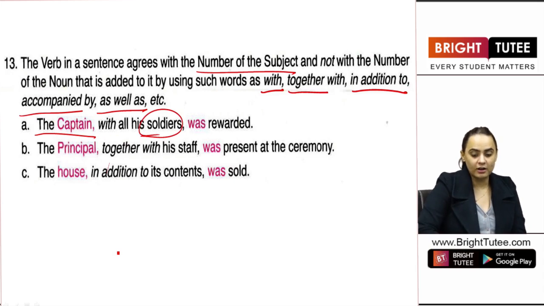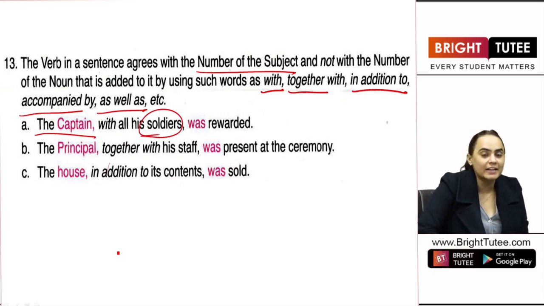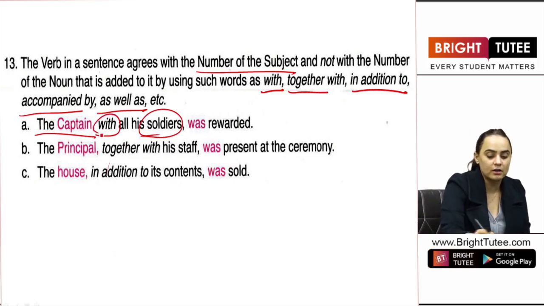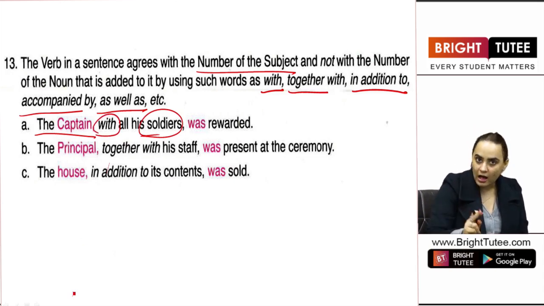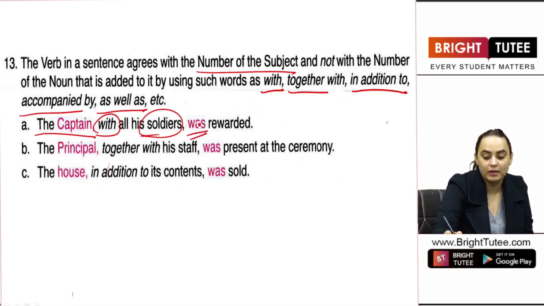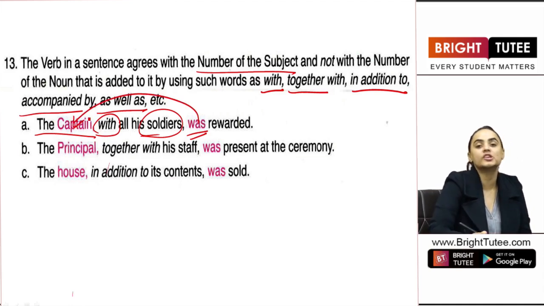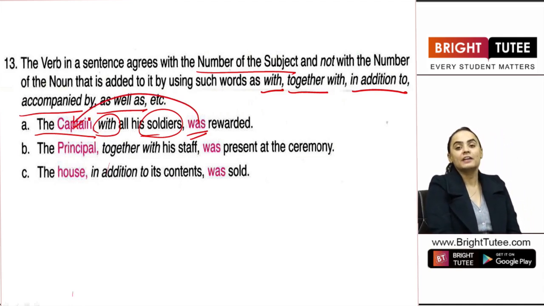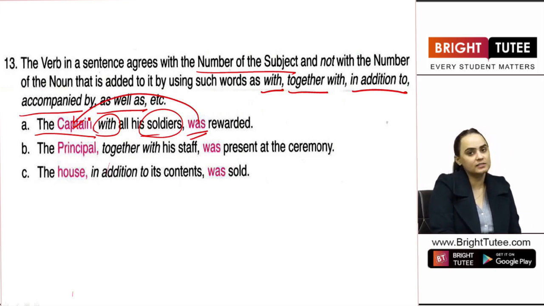Now here, his soldiers, this is a noun which is added to the subject using with. I am going to be a smart child and will use a singular verb because my subject is singular, and we have learnt that the verb should always agree with the subject and nothing else in the sentence.